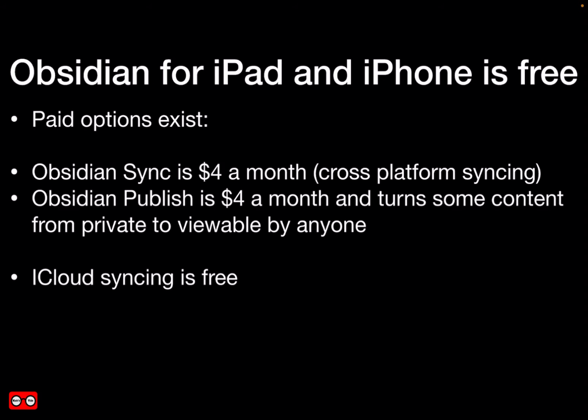So if you are doing cross-platform syncing, such as using Windows, Linux, Android, in addition to the Obsidian Mobile app for iPad and iPhone, there is an option for Obsidian Sync at $4 a month. And if you want any of your notes to go from private to public, basically as a web page, then you can pay an additional $4 a month to get Obsidian Publish.